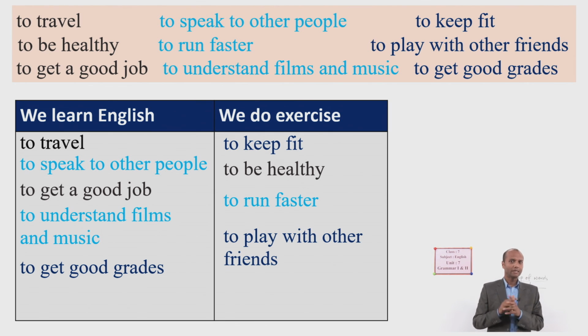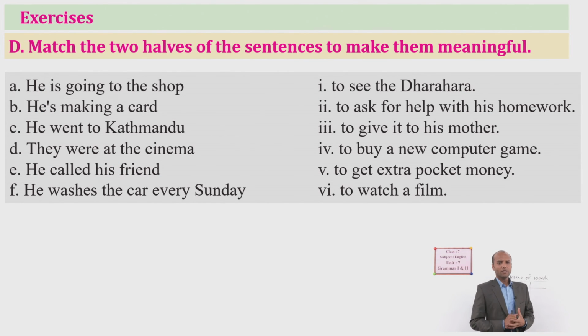If so, let's move on to another activity. Here it says, match the two halves of the sentences to make them meaningful. So half of the sentences are given here under A, B, C, D, E, F, and their reasons are given here.